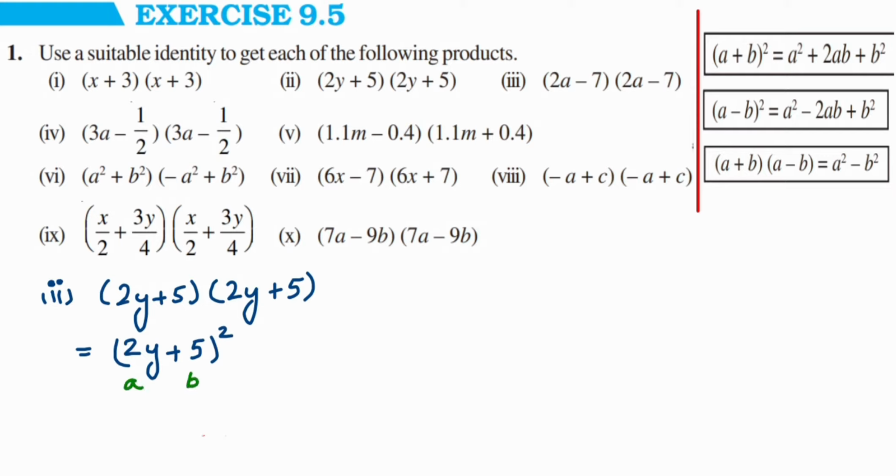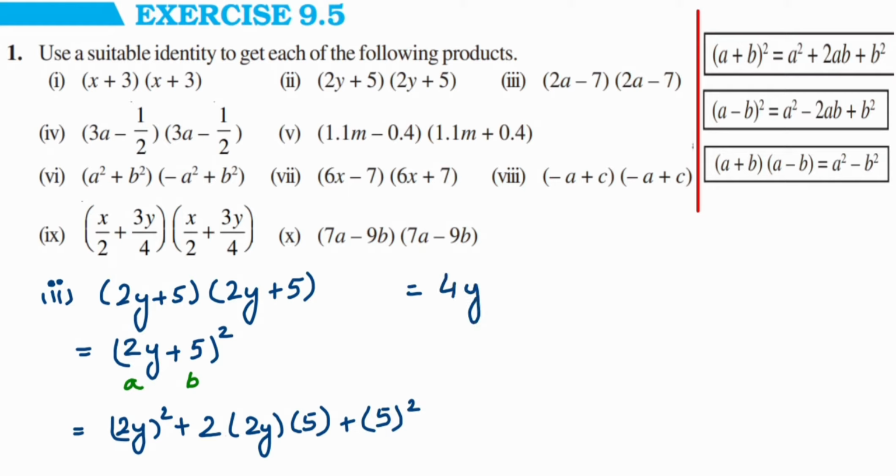Now we'll substitute in this. So (a plus b) whole square is a square, so that is (2y) square, plus 2ab. So 2 into a is 2y and b is 5, plus b square, that is 5 square. Now this is equal to (2y) square will be 4y square, 2 into 2 and y into y.